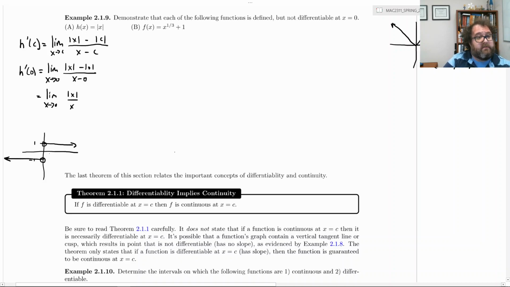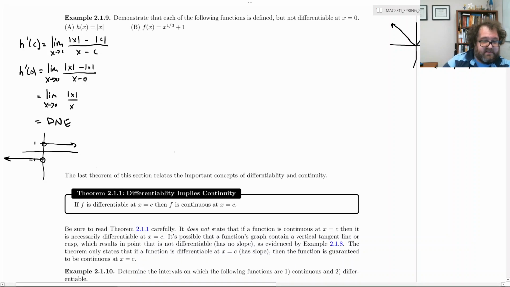There's a break in the graph. So this limit does not exist. Since the limit does not exist, the derivative doesn't exist because a derivative is a limit. So since the derivative does not exist, we would say the function is not differentiable at 0.